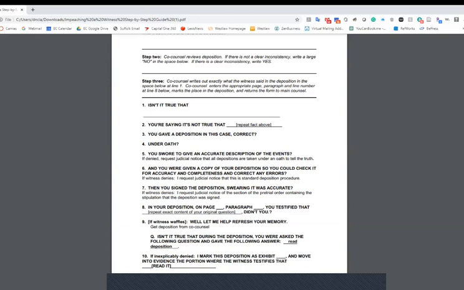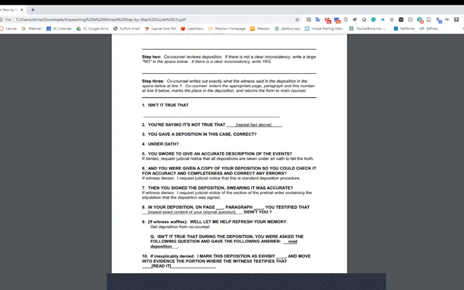So you read along with me silently as I go through your deposition. If they inexplicably deny that's what they said, then I'd mark this deposition as an exhibit, right, and move it into evidence where the witness testifies that X, Y, and Z, right?